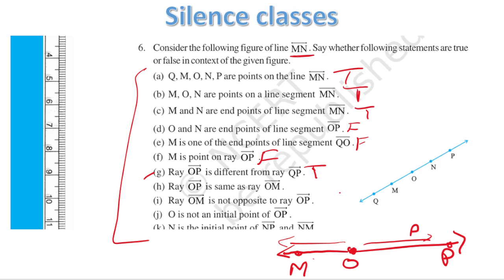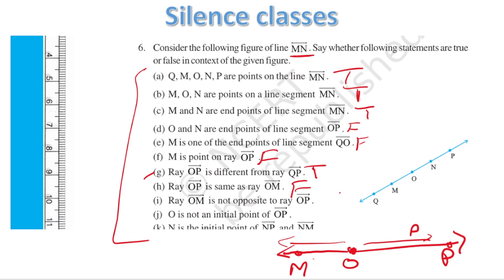Having the same starting point doesn't mean the rays are the same, because they are moving in different directions. So ray OP is the same as ray OM is false. They are not the same.